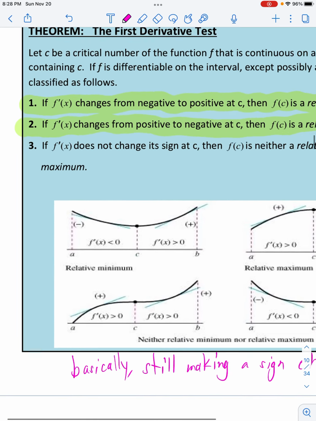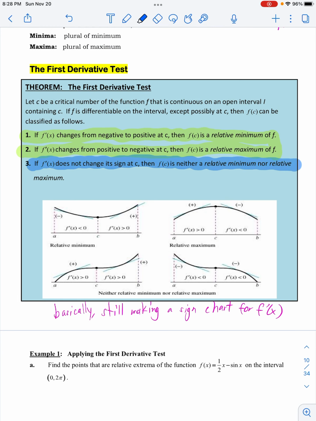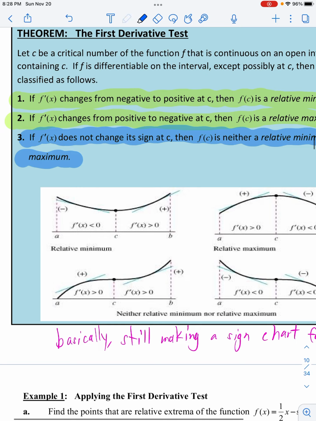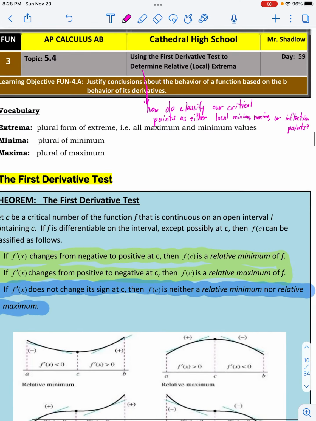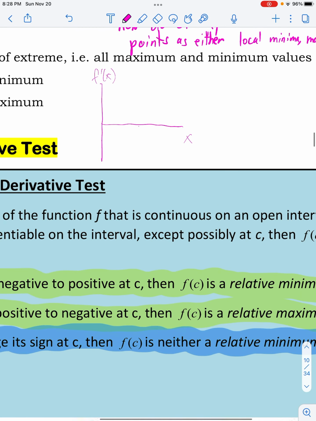And then this third option, I'm going to highlight it in a different color. These are going to be if f prime does not change sign. So let's say you have the graph of f prime of x, and f prime of x had a 0 where it doesn't go through the axis but just bounces off.